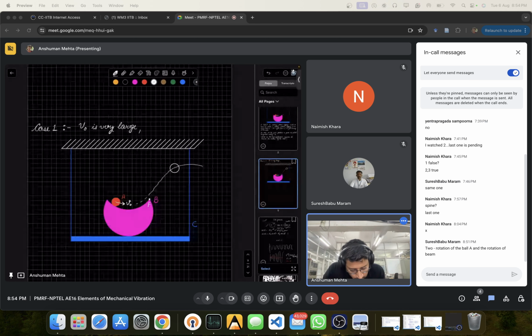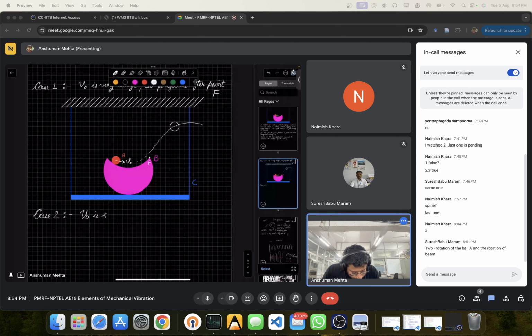So this is case 1, and case 2 is the standard case where V naught is small and the system vibrates. However small, it will vibrate.